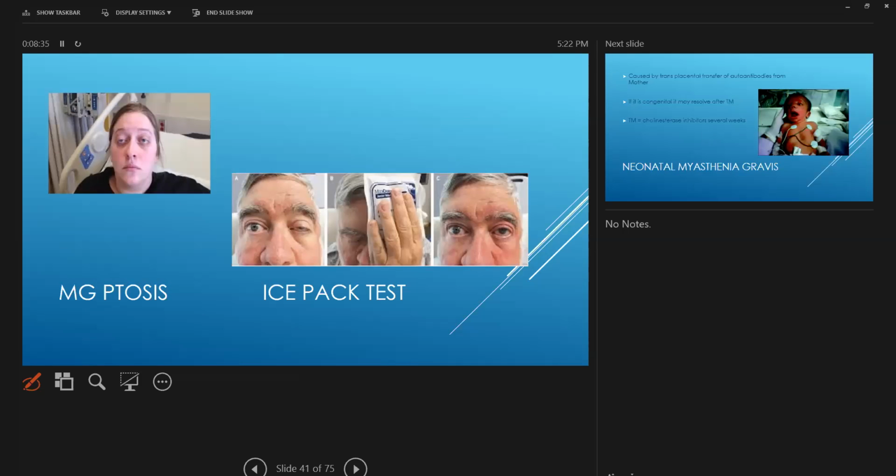So this is the ice pack test, right? So here this guy has his droopy eyelid. What you do is you have them open and close, open and close, open and close, and that will fatigue out these muscles of the eye. And then they place the ice pack on there, and then the eye is more open now and not as fatigued. I wanted to figure out exactly how this test worked, but as I researched more and more, nobody really knows.